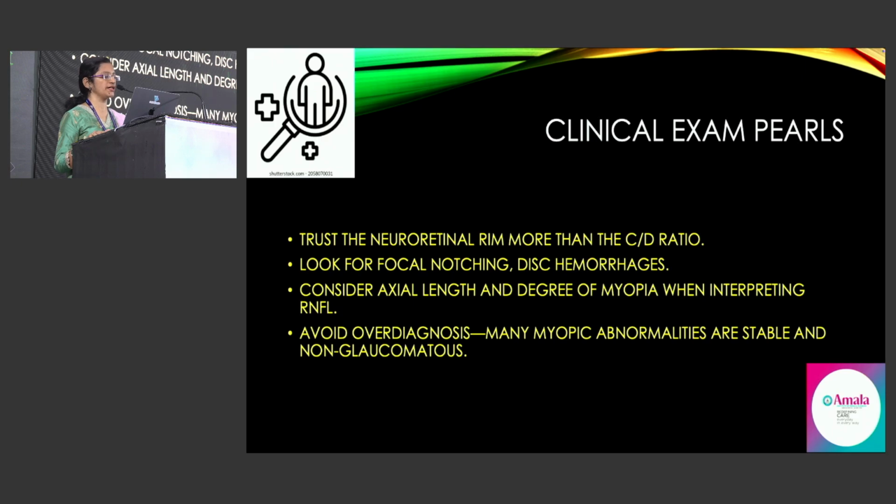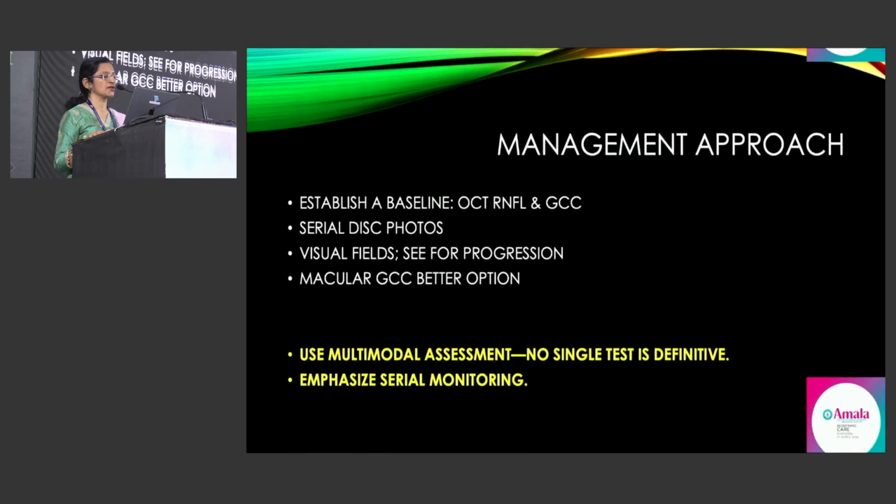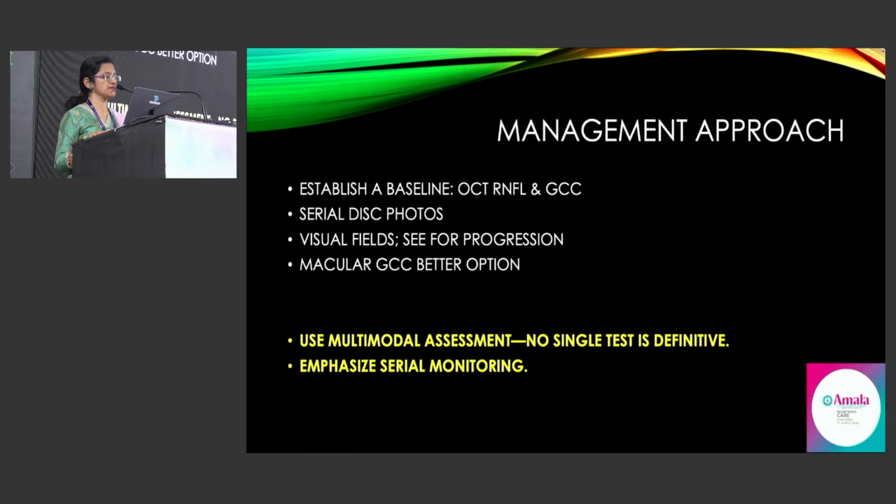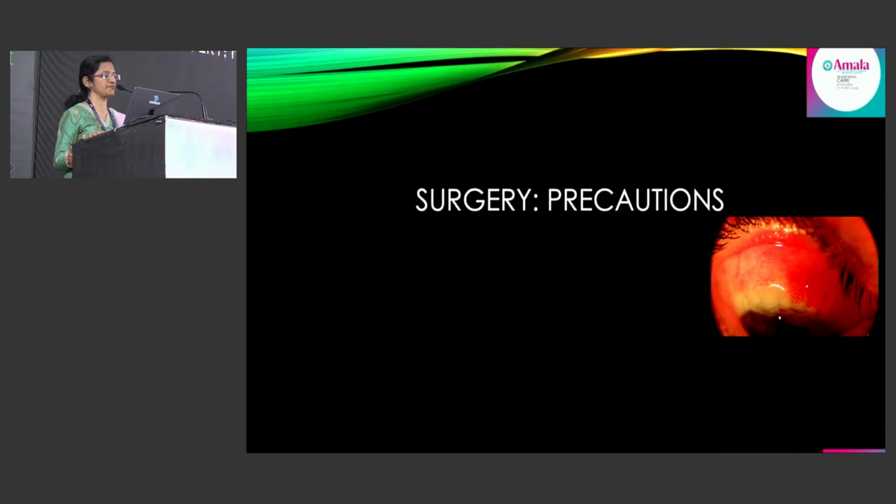And don't overdiagnose, because many myopic abnormalities are usually stable and non-glaucomatous. So management would be to establish a baseline, go for serial disc photos and visual fields, and the macular GCC would be a better option. So emphasize serial monitoring rather than a single test.